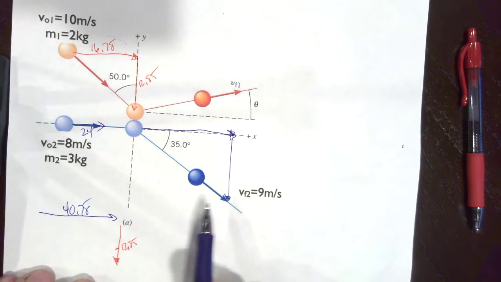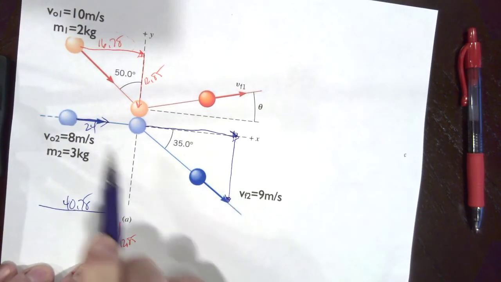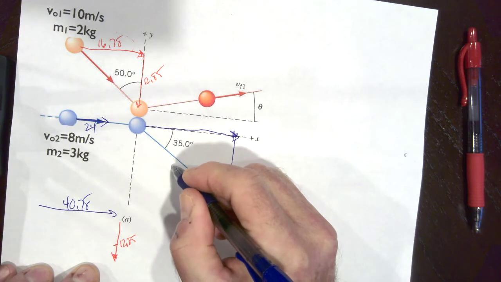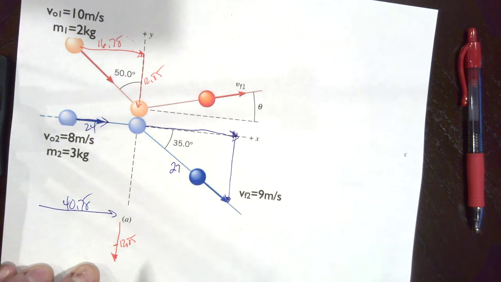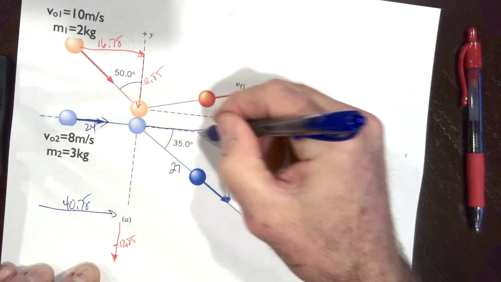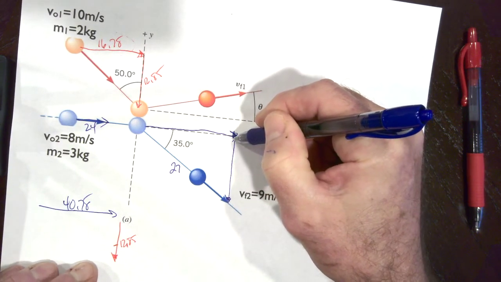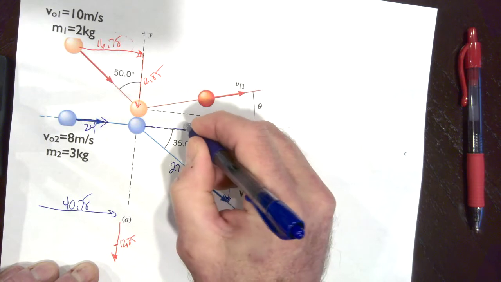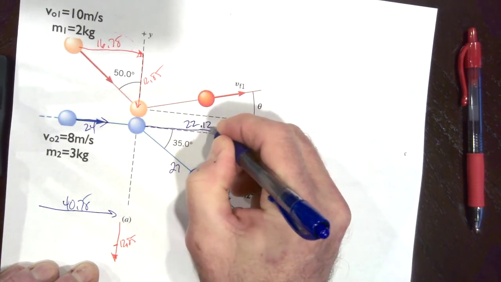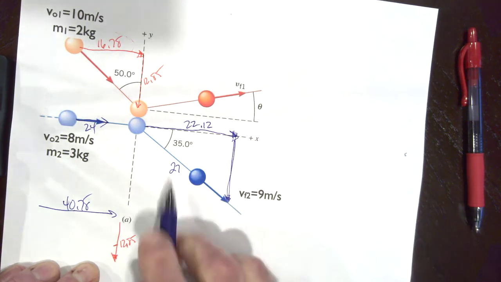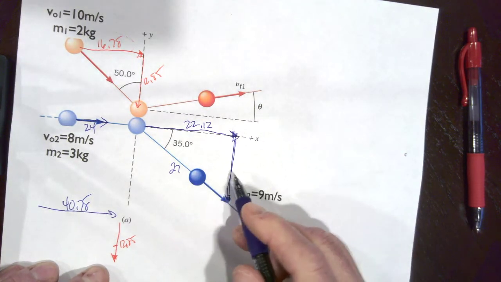This one is MV, same ball, same mass, 3 times 9, so the total momentum is 27 kilogram meters per second. The x component is 27 cos 35, which comes out to 22.12. And this one would be 27 sine 35, and that comes out to 15.48.